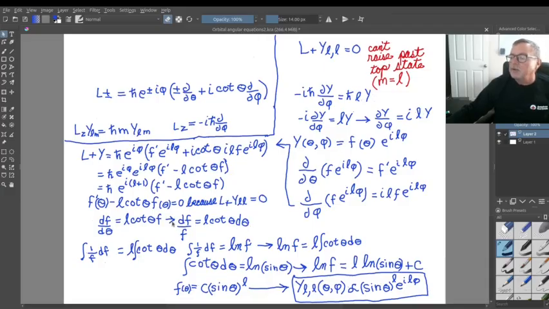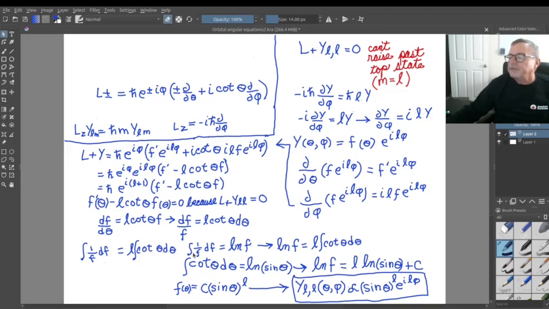Now what I'm going to do is integrate both sides of this equation. That's going to be the integral of 1 over f df equal to L, which can come out front of the integral because it's a constant, and the integral of cotangent theta d theta.